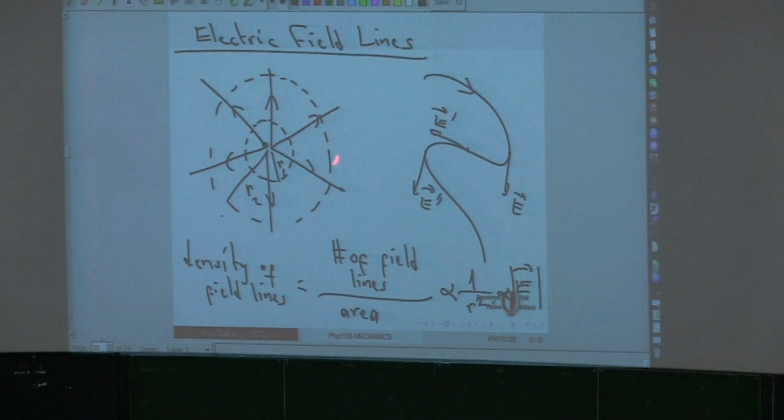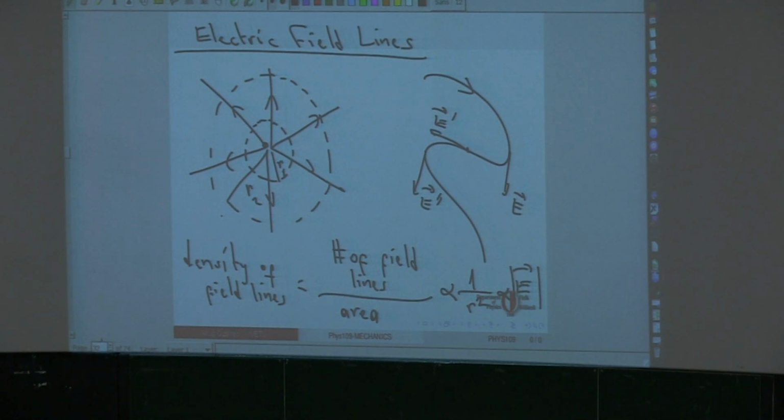We said that we will draw the electric field lines such that the density of the field lines will be proportional to the magnitude of the electric field at a given point. So that is how we had defined the electric field lines. Its directions have to be tangent to the electric field vector at every point, and its density has to be proportional to the electric field magnitude at that point.